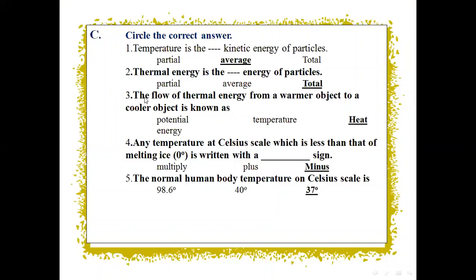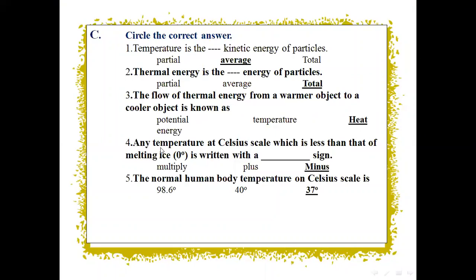Number 3, the flow of thermal energy from a warmer object to a cooler object is known as potential energy, temperature or heat. So the correct answer is heat. Number 1 correct answer is average, number 2 total and number 3 heat.